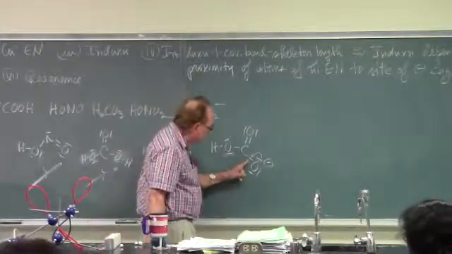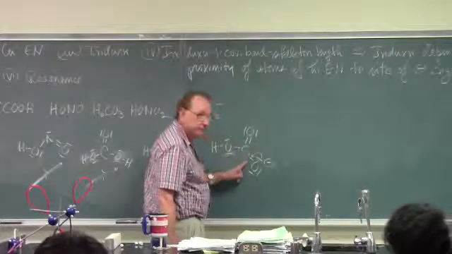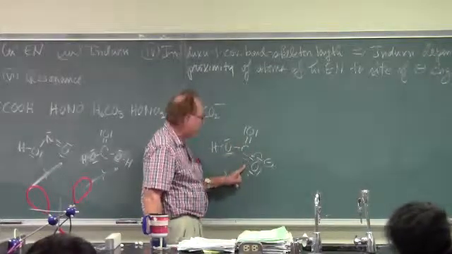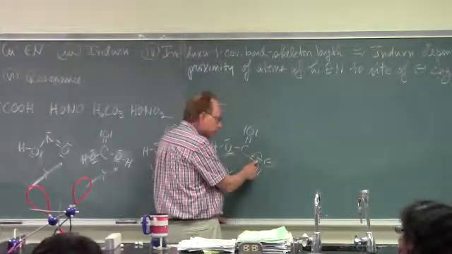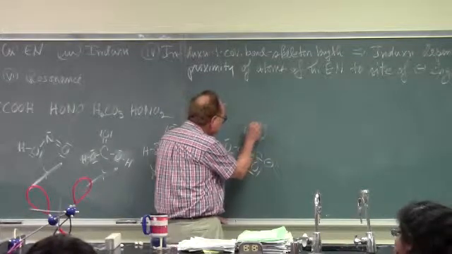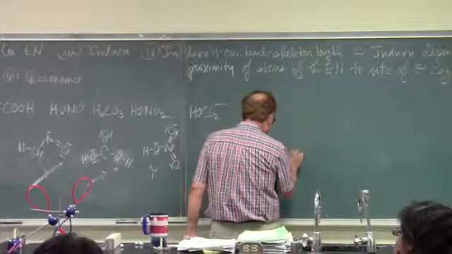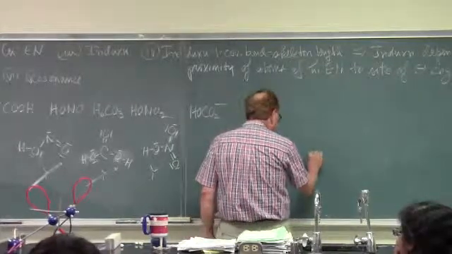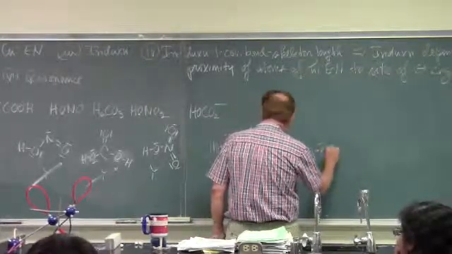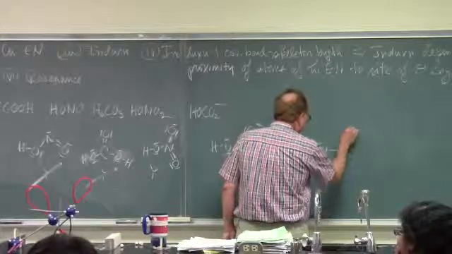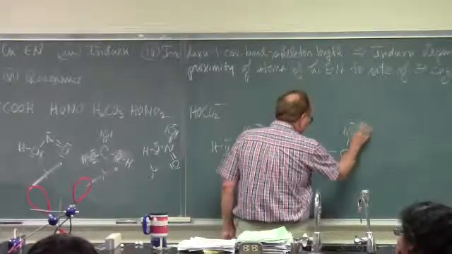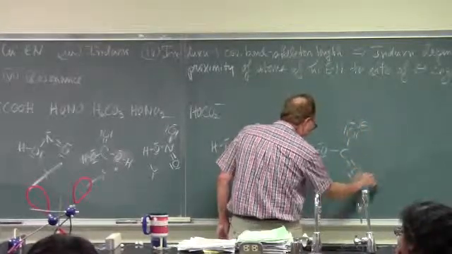Now, at the instant in which you do this, this carbon has got 1, 2, 3, 4, 5 bonding pairs, and that's impossible. So when you do this, then you're obligated to do this. So that creates this.